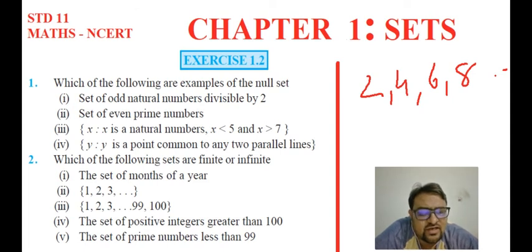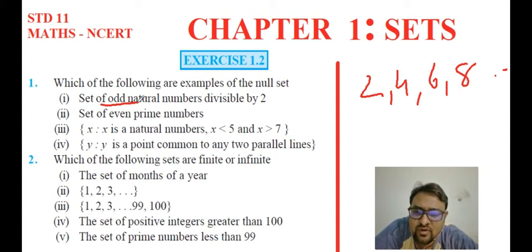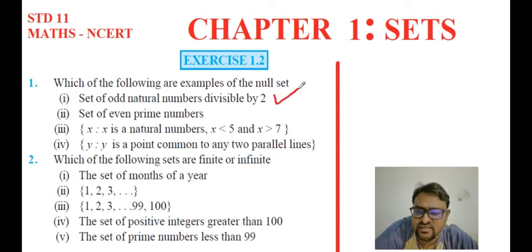But all these numbers are even numbers, and our question says odd natural number. So there is not a single odd natural number which is divisible by 2. As there is not a single such natural number, this is an empty set, or I can say a null set. So let's put a tick mark. This is a null set.